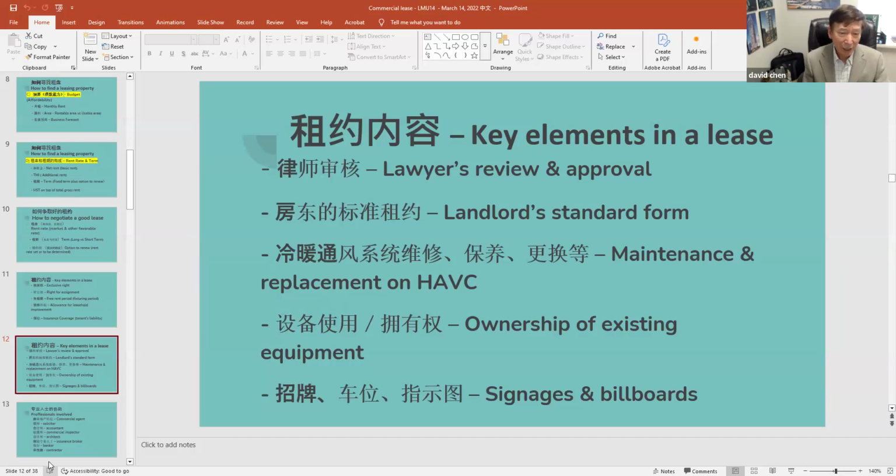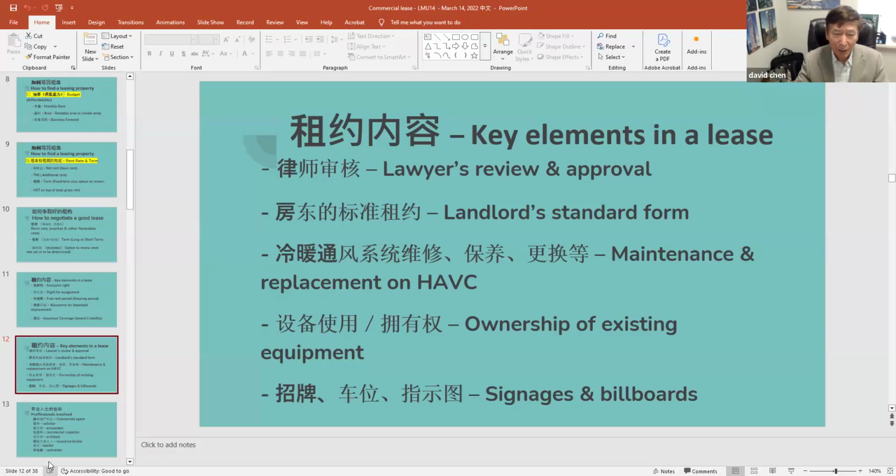Another issue I already put here as well. Sometimes you carry on an existing business, let's say you buy a coffee shop or a group restaurant. In the coffee shop or restaurant, they have all the equipment there, right? They have a stove, a fridge, cooling, built-in equipment already. In that case, if you are the tenant agent, please list down those kinds of equipment to be used by the tenant.